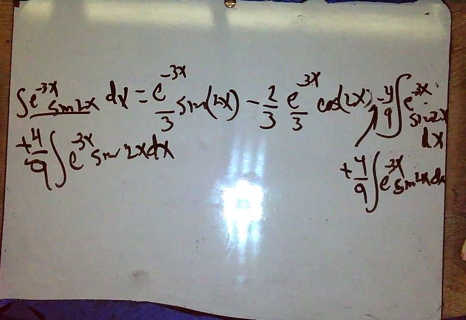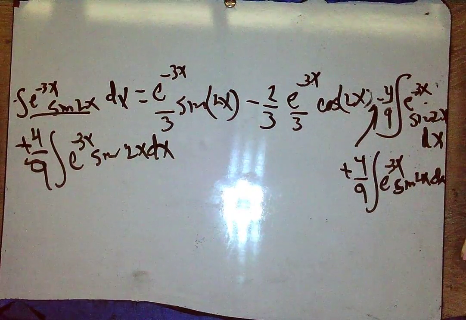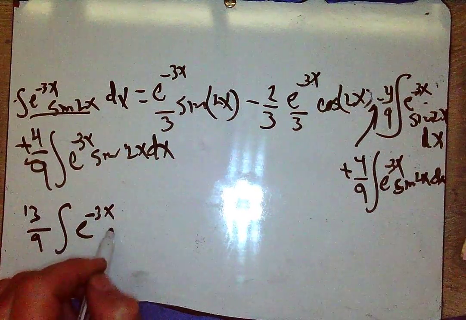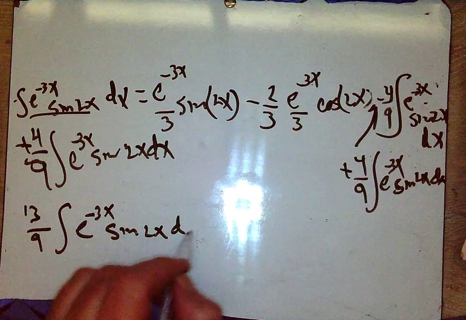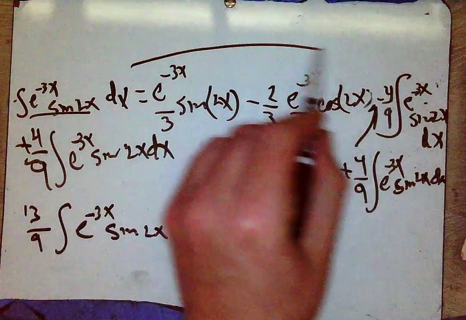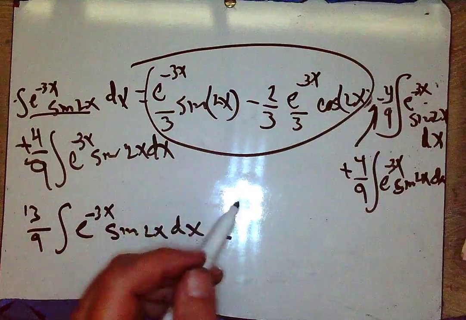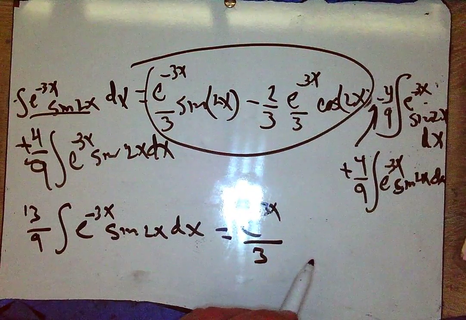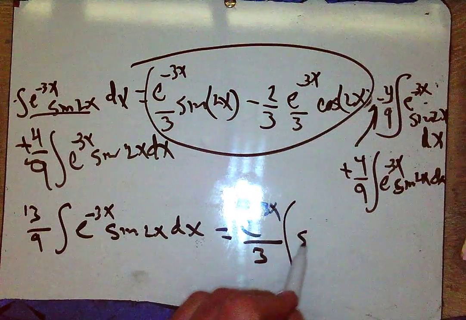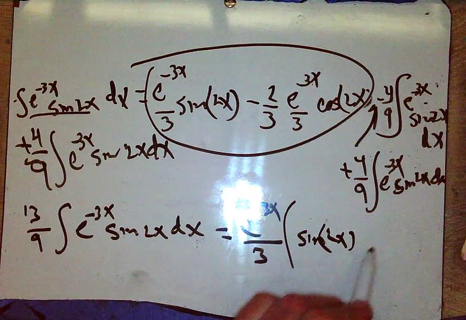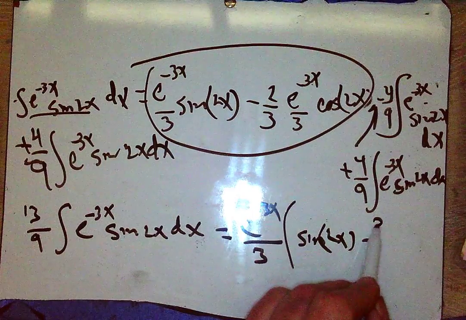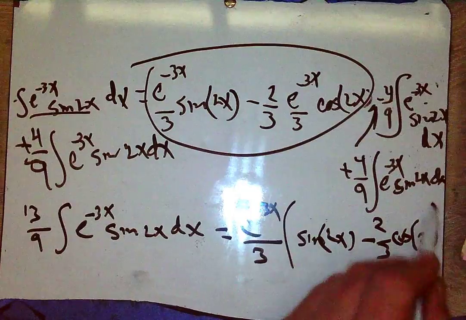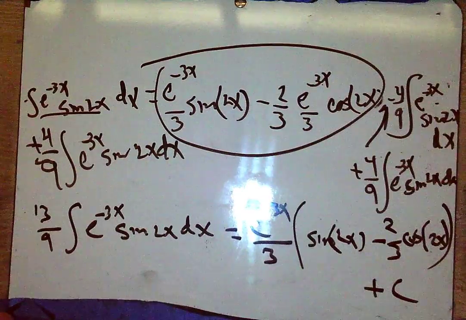And so that's going to be 9/9 plus 4/9, 13/9 e to the minus 3x sine 2x dx equals, and what am I left with here? I'm going to have e to the minus 3x over 3 times sine 2x minus 2/3 cosine 2x plus c.